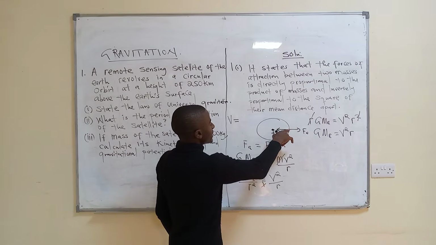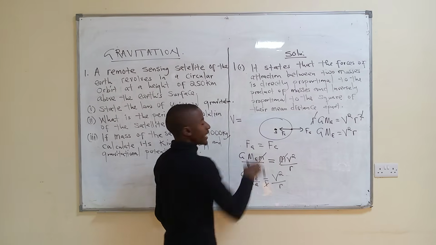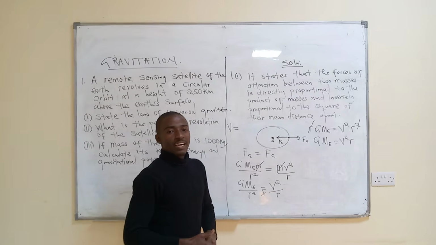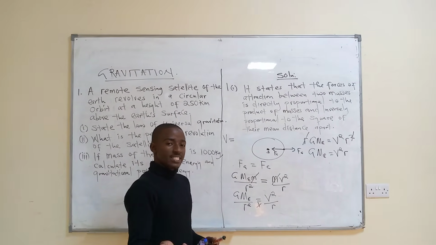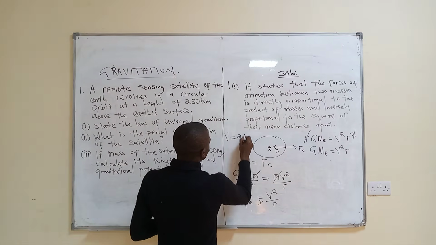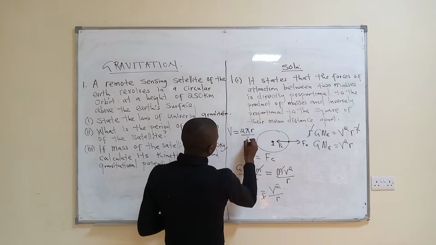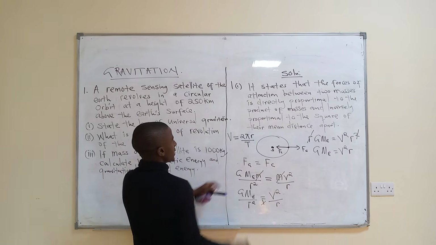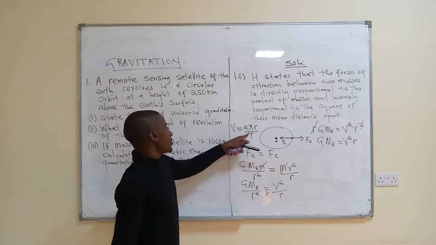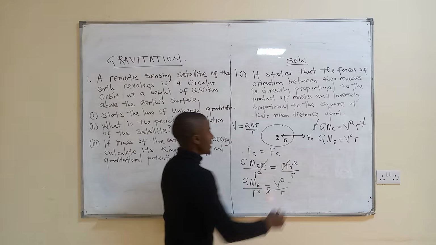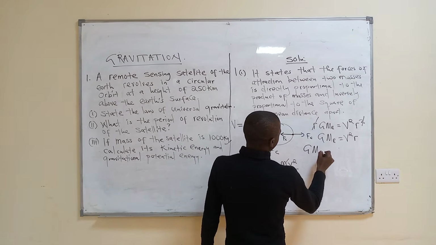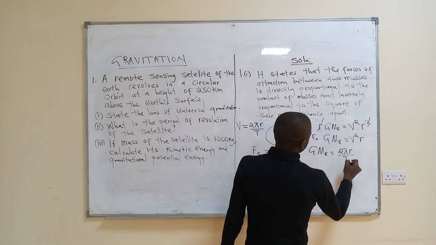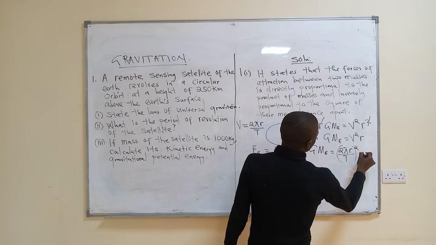The planet is revolving around the Earth making a full circle, and the full circle is calculated by the circumference, which is 2 pi r over period. This is the velocity, so where there is velocity, I replace it with 2 pi r over T. So G Me equals (2 pi r over T) squared multiplied by r.